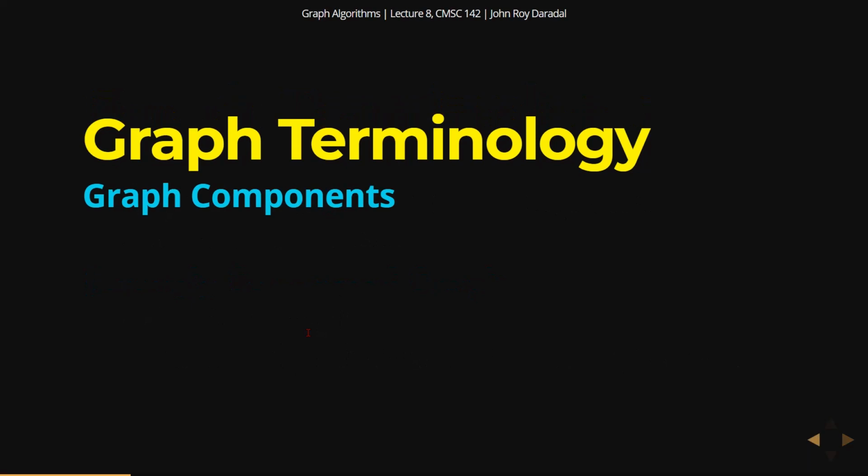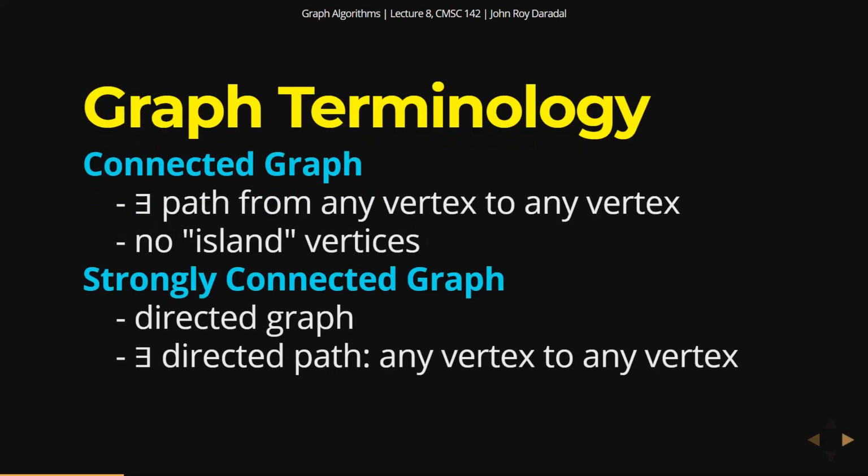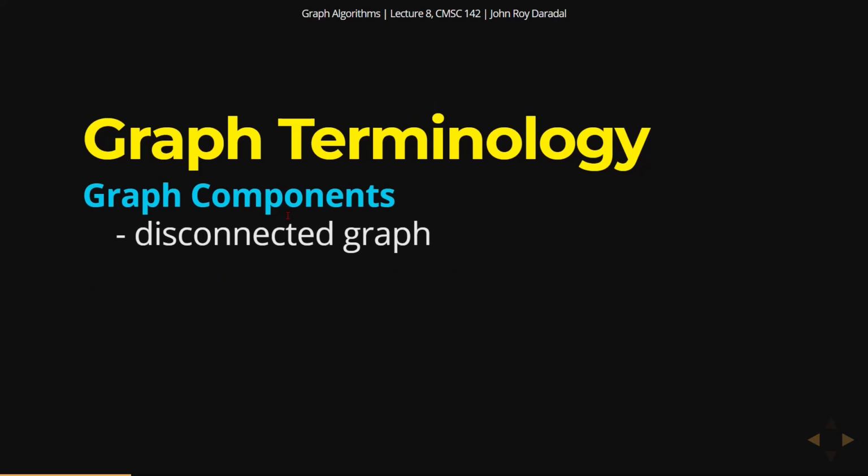Okay. So, next, we also have graph components. And this happens when we have a disconnected graph. So a disconnected graph is when, so earlier we said that a connected graph is when there is a path from any vertex to any other vertex, right? But if that is not possible, then it's disconnected.